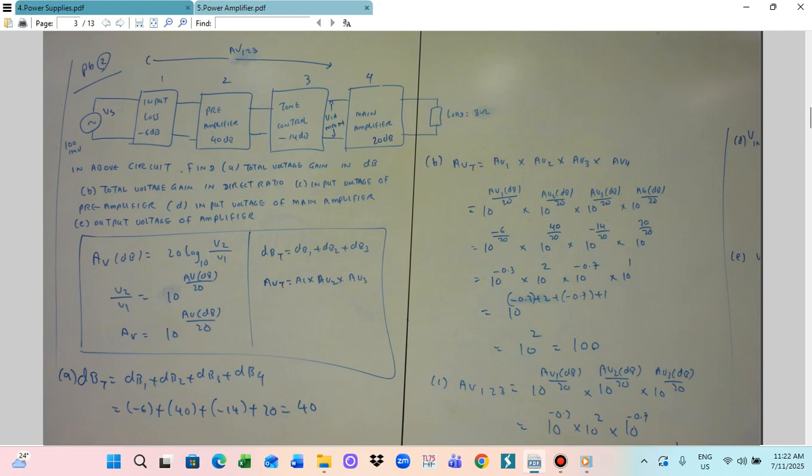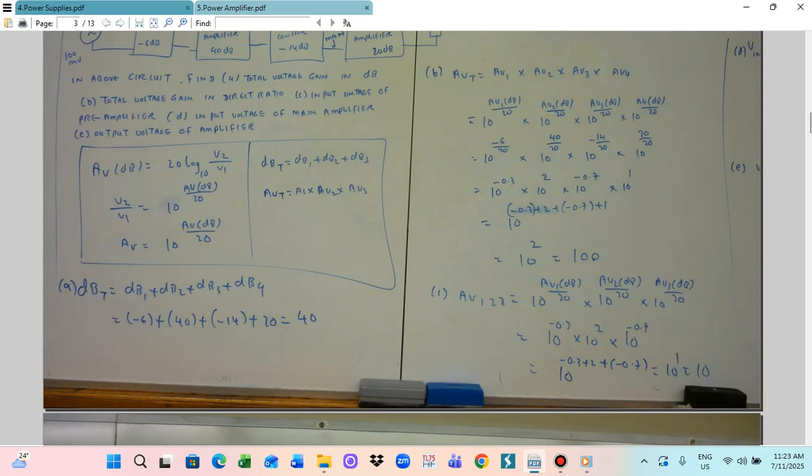So we substitute: 10 power minus 0.3, multiply 10 power 2, multiply 10 power minus 0.7. So this is 10 power minus 0.3 plus 2 minus 0.7, which is 10 power 1, which is 10.